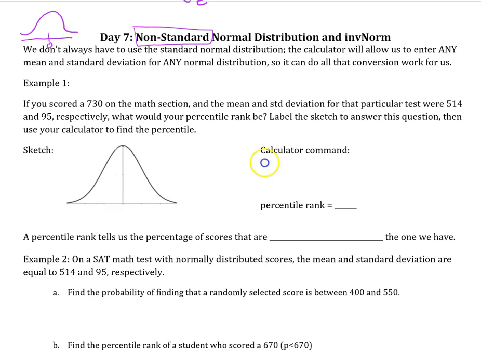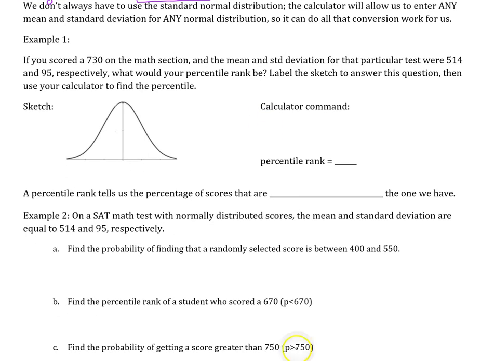So instead of centering this graph at 0, I'm going to put the center at 514. You performed at a 730, which is like way up here, which is awesome. Again, standard deviation in this case is no longer 1. It's going to be 95.